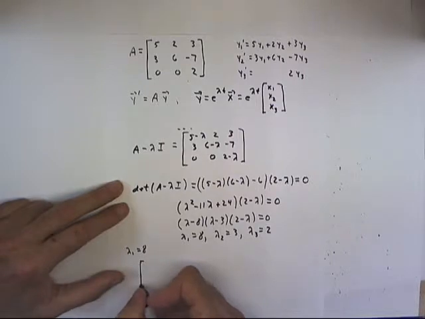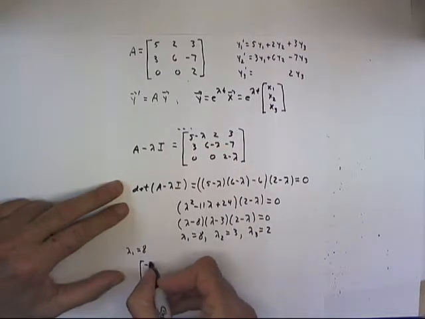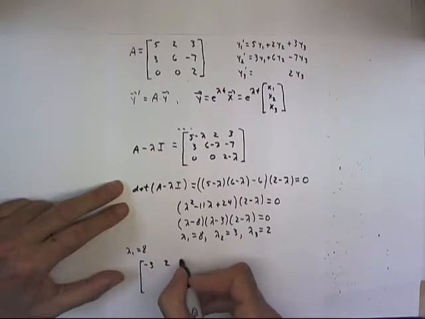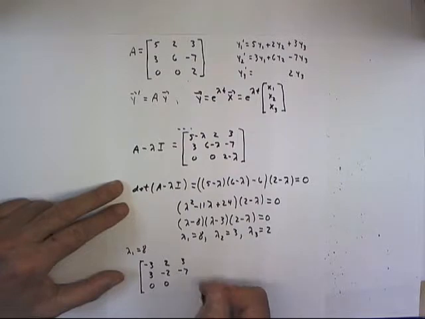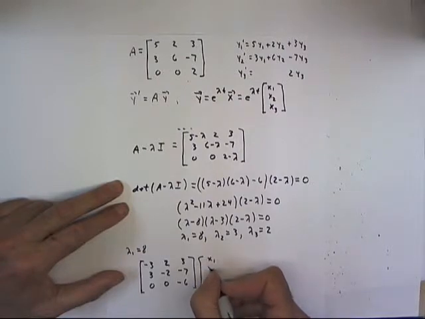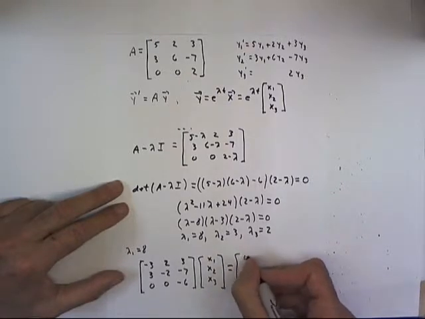That equation is going to become 5 minus 8, which is negative 3, and then 2, 3, 3, 6 minus 8 is negative 2, negative 7, 0, 0, 2 minus 8 is negative 6. Multiplied by x1, x2, x3 should equal the 0 vector, which I'll write out as 0, 0, 0.